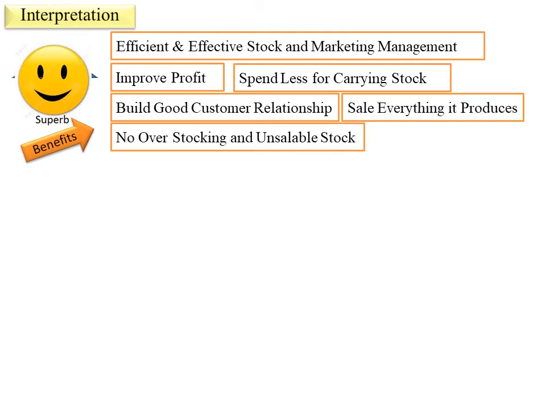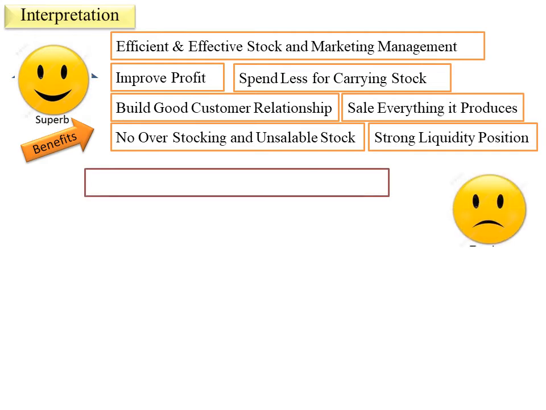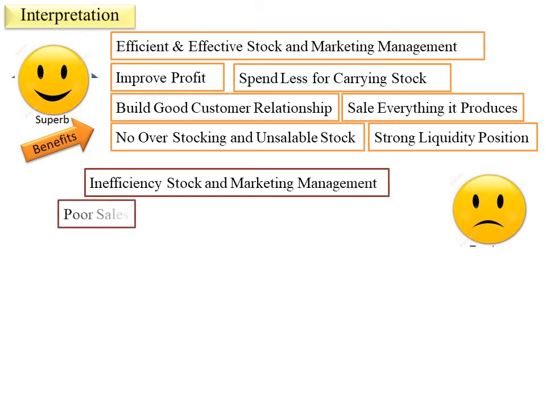A high ratio also shows a good liquidity position, as the firm is able to sell what it purchases or produces and able to get cash back into the business. Whereas if the firm's ratio is low, it indicates inefficiency of stock and marketing management. It implies poor sales due to weak marketing function, or the goods offered for sale are not matching the changes in demand in the market.